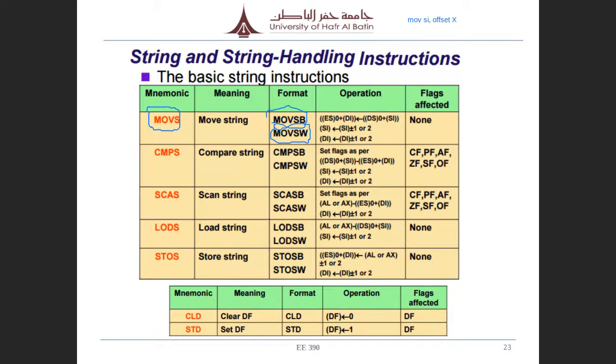MOV SI, OFFSET X, and the new location is Y, MOV DI, OFFSET Y. So this is the new location, named Y. Now what we can do is take one data from the old location and copy it to the new location, something like that, right?